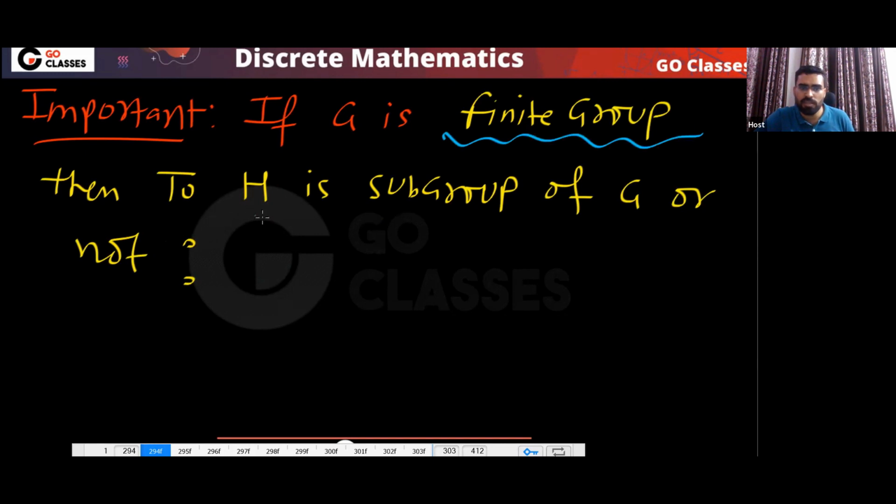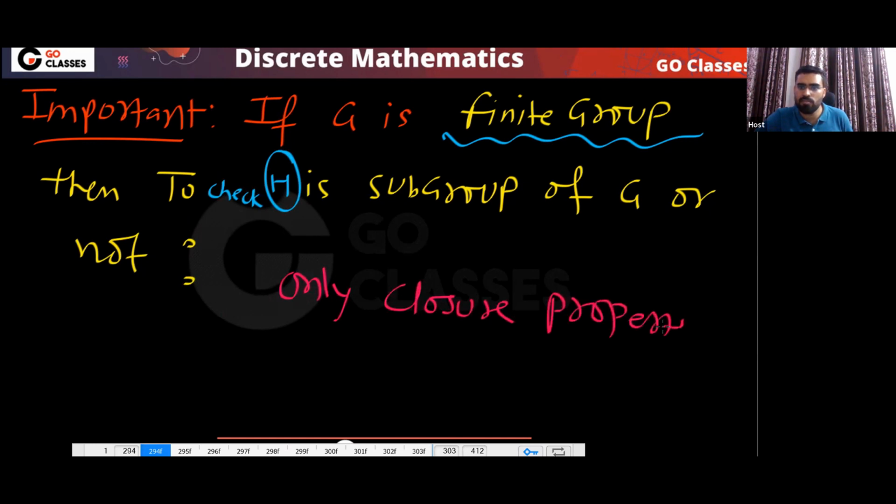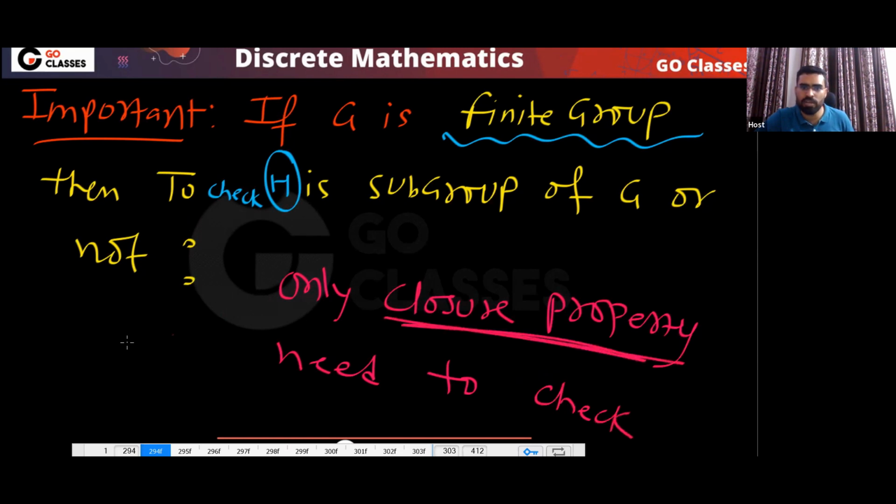So if G is a finite group, then to check whether H is a subgroup of G or not, only the closure property is needed. Nothing else. But this will happen only for a finite group.